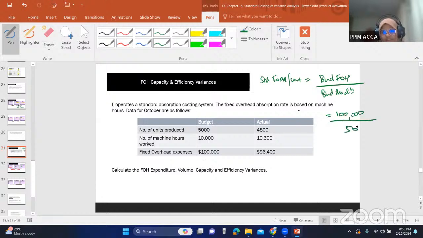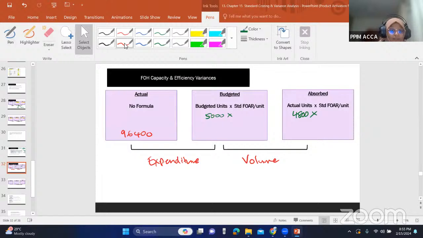Budgeted production was 5,000. So the fixed overhead absorption rate per unit is 20. You can directly put it here, 20 and 20. Take totals, 5,000 into 20 will be 100,000. 4,800 into 20 will be 96,000.